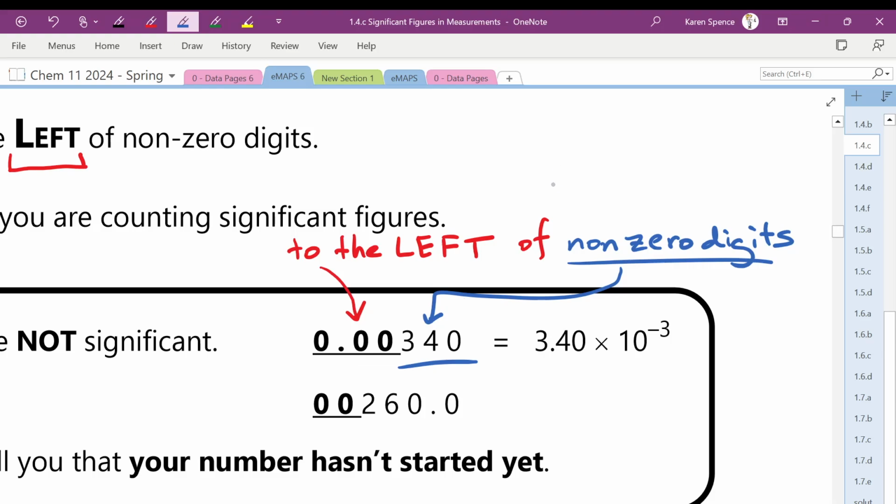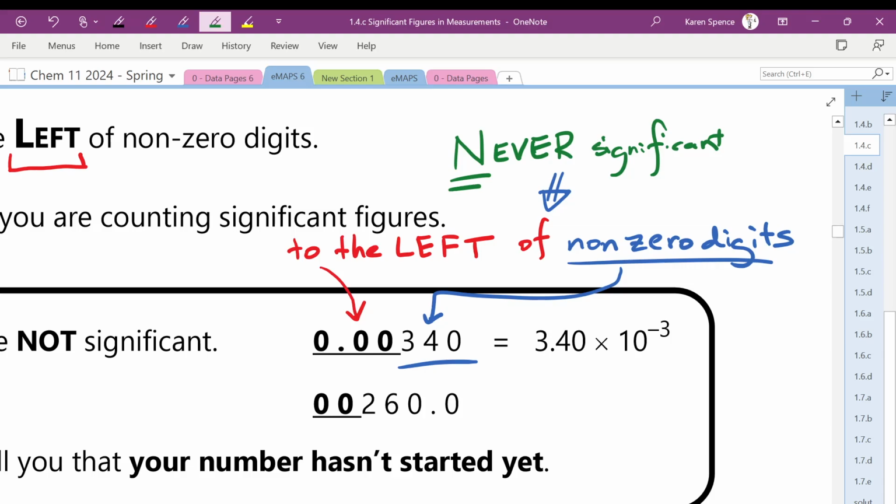So zeros to the left of non-zero digits are never significant.